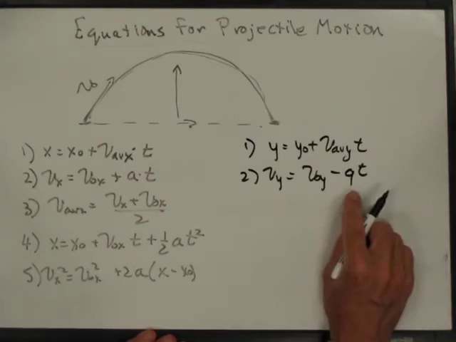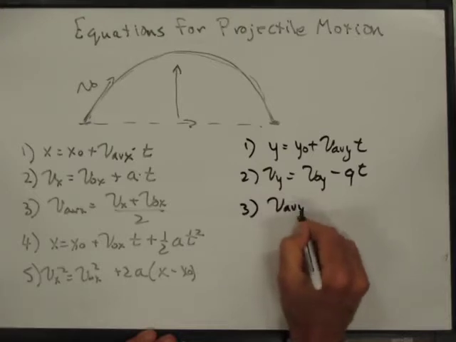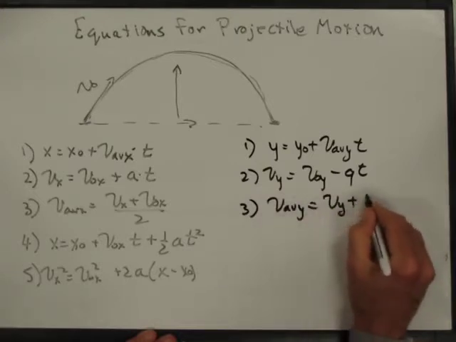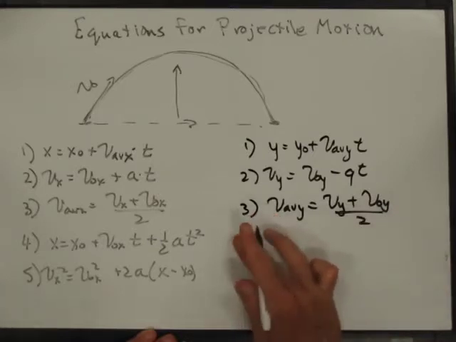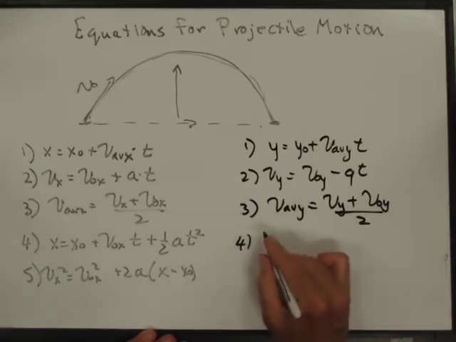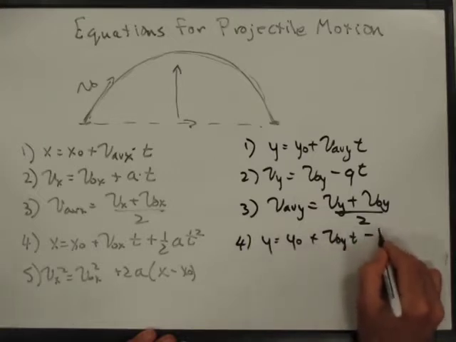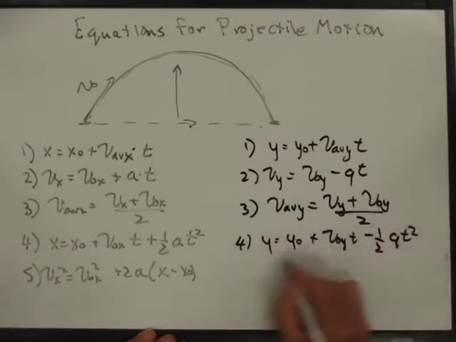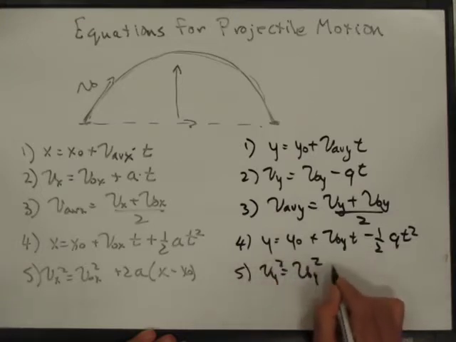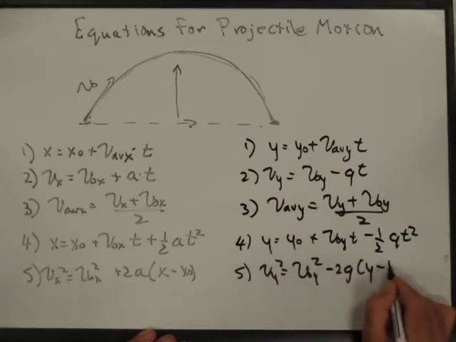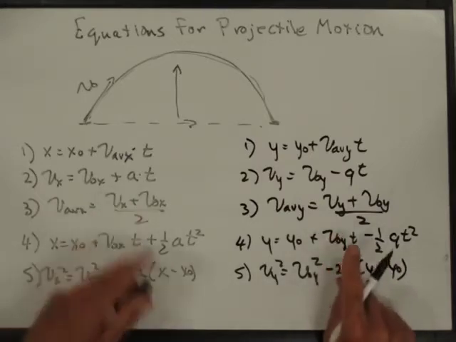Remember, these are only influenced by gravity, so the acceleration in the y direction is just gravity, right? 3 was v average y is equal to vy plus v naught y divided by 2, and then we had 4, y equals y naught plus v naught y times t minus 1/2 g t squared, and 5 was vy squared equals v naught y squared minus 2g times y minus y naught. And we came up with these by just doing a switch to y variables and then changing the acceleration to minus g.